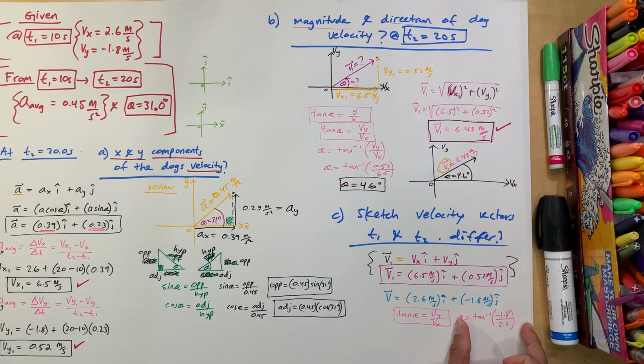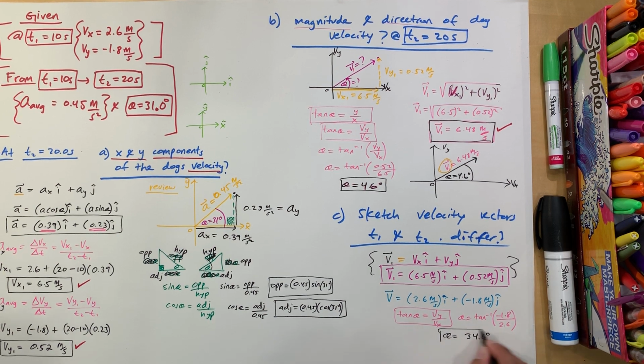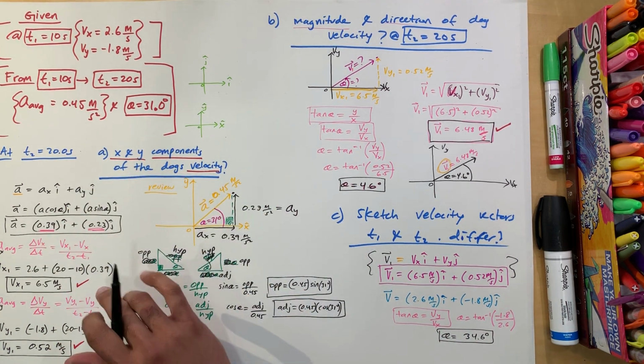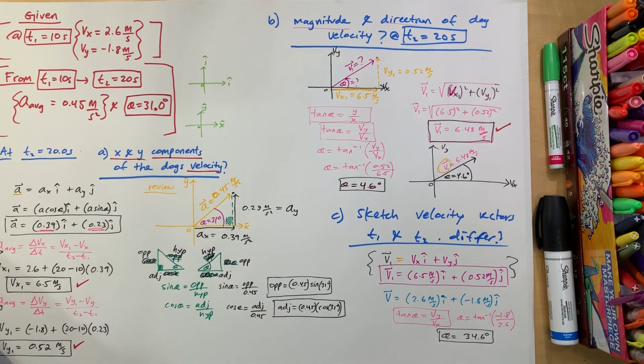Plugging this into the calculator, we get that the original angle is 34.6 degrees. Perfect. We have the vector, so we know where it's going, and we know the angle. Now let's draw the final graph to tie it all together.